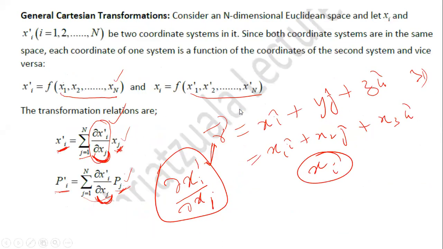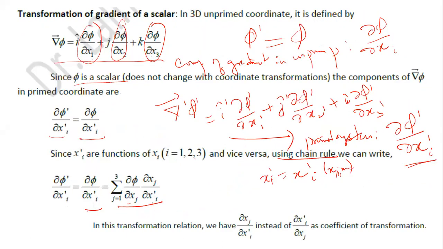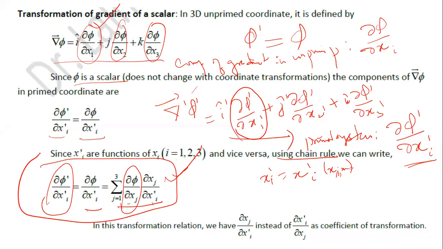We also discussed another system, the transformation of the gradient of a scalar. Here these are the components of the gradient in primed coordinates, and these are the components of the gradient in unprimed coordinates. They are related by this transformation relation.